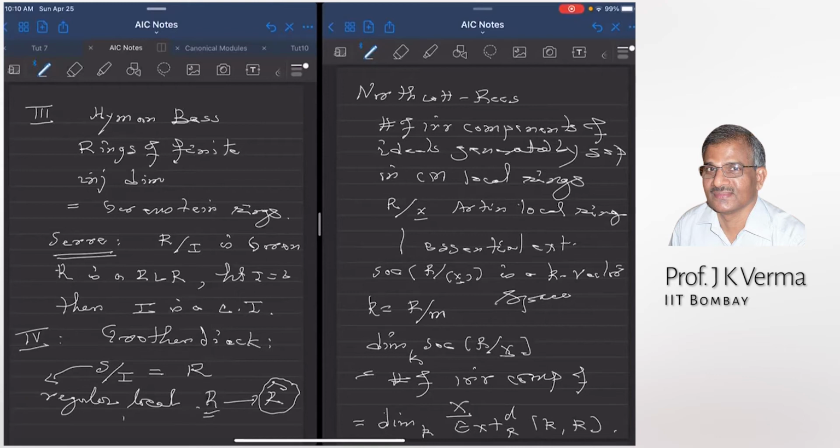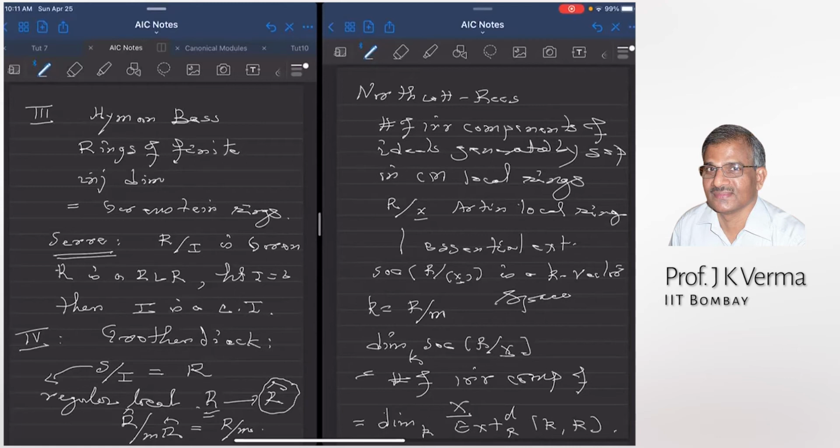But the closed fiber in this case is R completion over m R completion, and this is equal to R mod m, which is a field. So fibers are clearly Gorenstein, and so the Gorenstein property of R and R completion are equivalent.